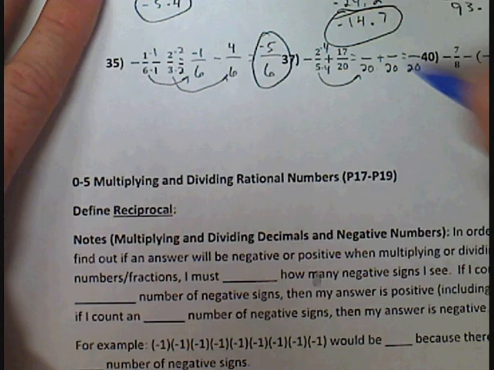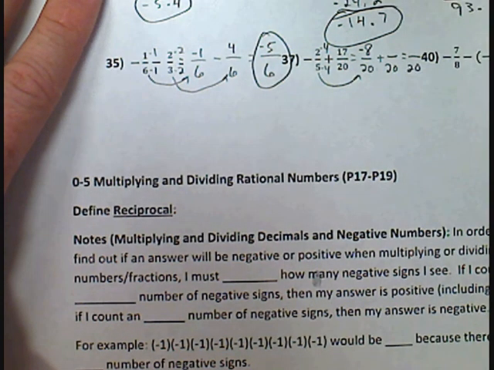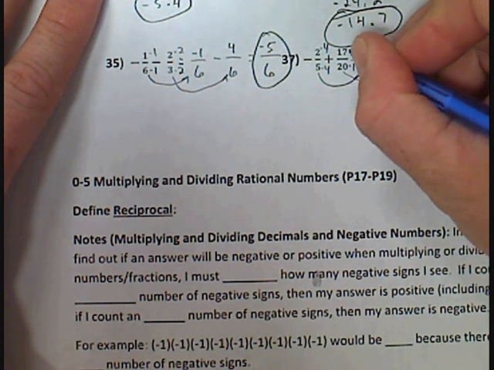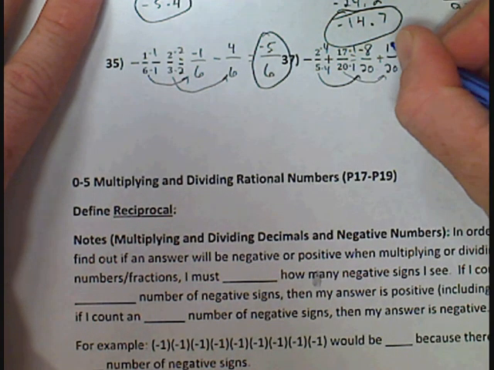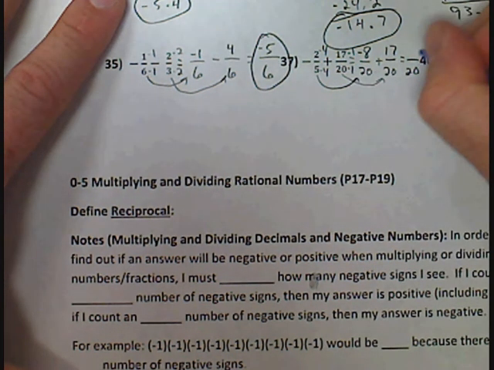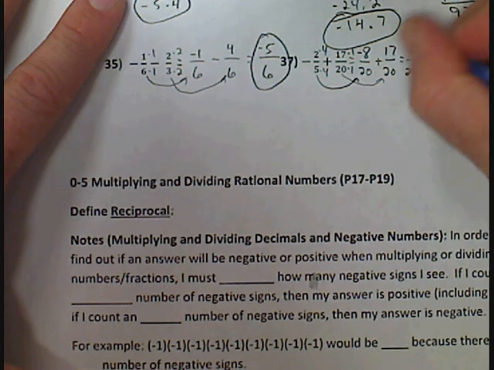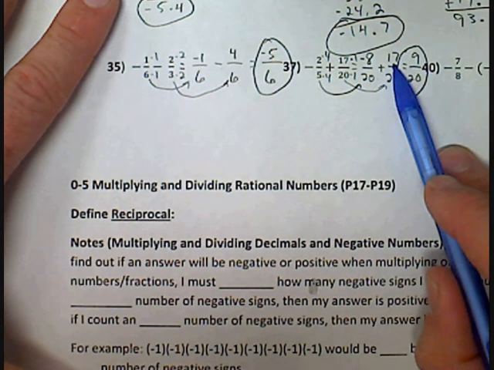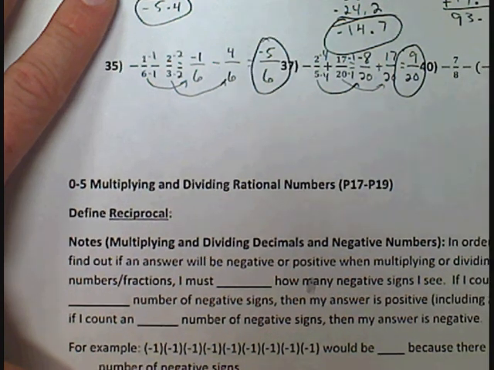Negative 2 times 4 is negative 8. 20 times what gives me 20? Times 1. 17 times 1 is 17. Opposite signs, I need to subtract. 9. I'm in debt 8, but I add 17. I'm out of debt 9.